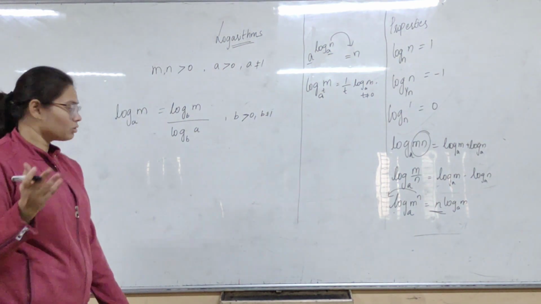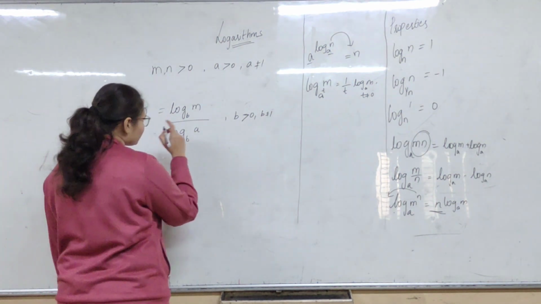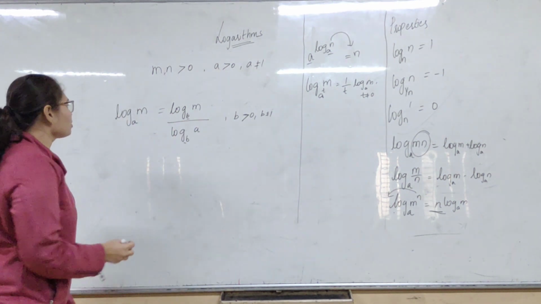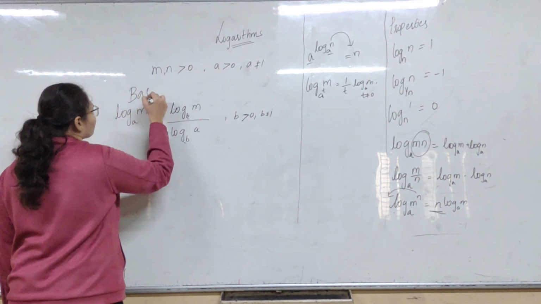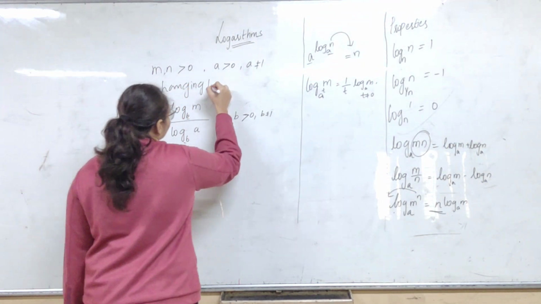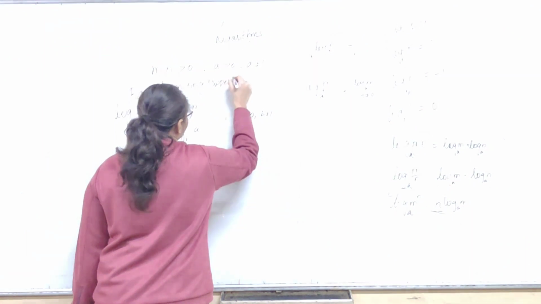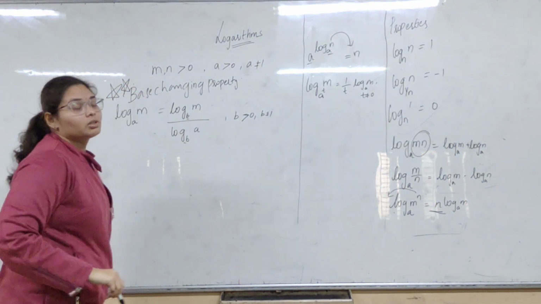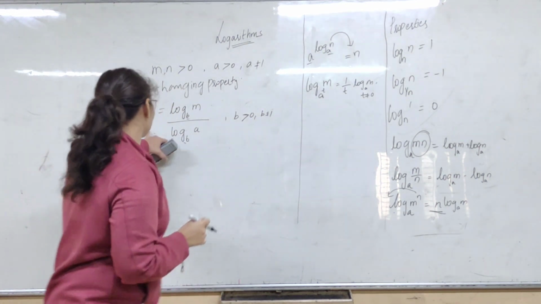Right? Here we are changing the base, so this is called the base changing property. This is a very important property, so you should never forget it.